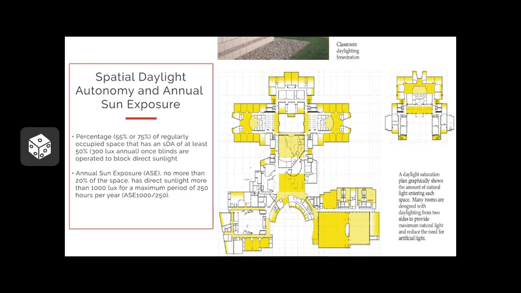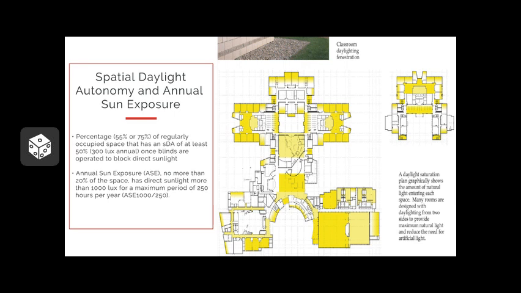And spatial daylight autonomy basically assumes that you have got great daylight coming in, and if direct sun comes in, that the shades will be pulled. It's really an incredible program to start looking at how we start pulling together and analyzing the entire space of a building.